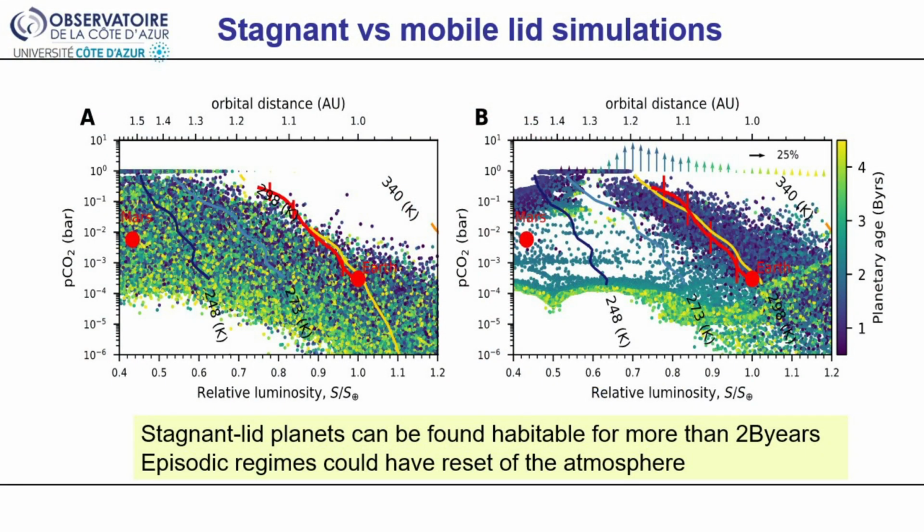And this is the scale that's useful to read that graph. This is a function of planetary age. So if you are blue, you have a young planet, less than 2 billion years. If you have yellow, you have an older planet.